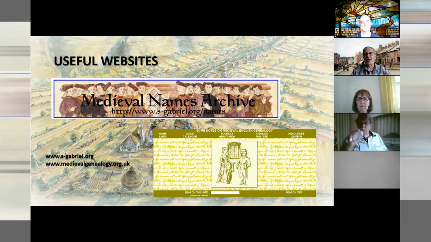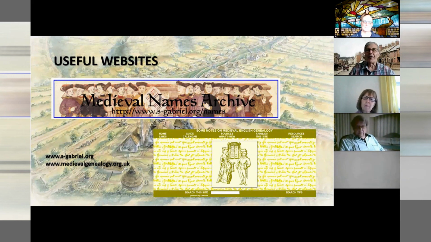The medieval genealogy one contains a lot of information on calendars, sources of information, and so on. The Medieval Names Archive gives you a lot more information about how names appeared, why they appeared, what regional differences there were, and so on. So you're not being left alone on this. There is plenty of stuff out there for you to find information as you go.